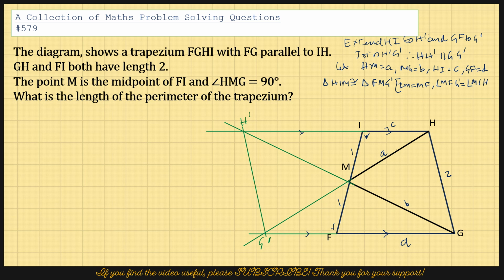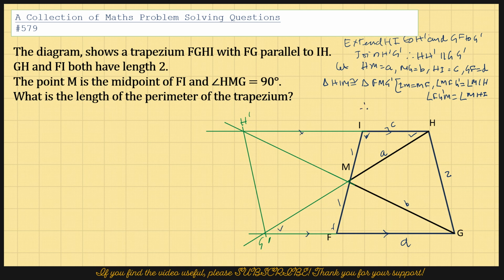And next, with similar reasoning, angle FG dashed M equals angle MHI. So these two triangles are congruent.